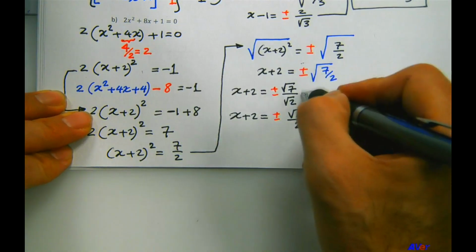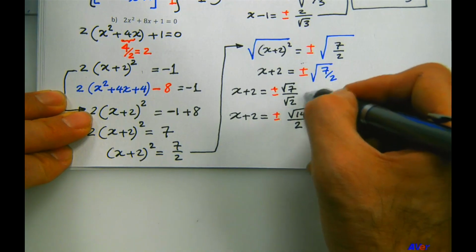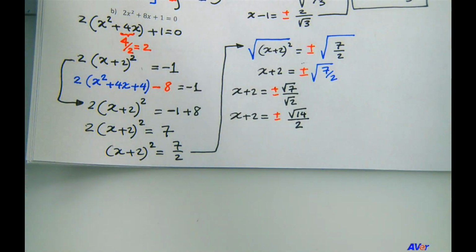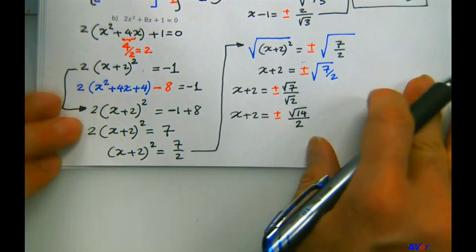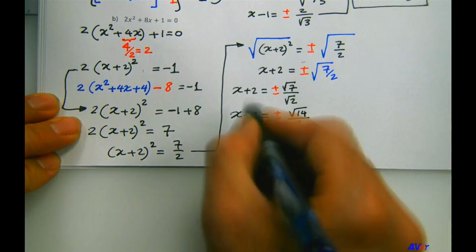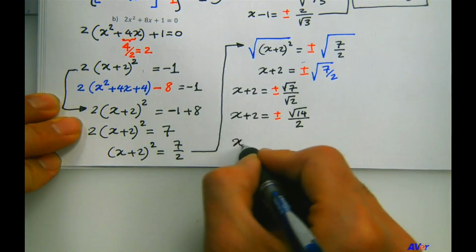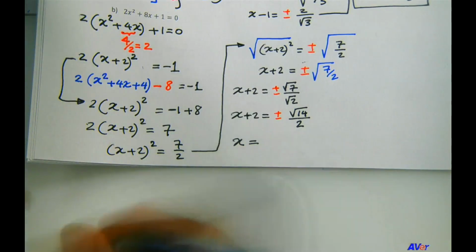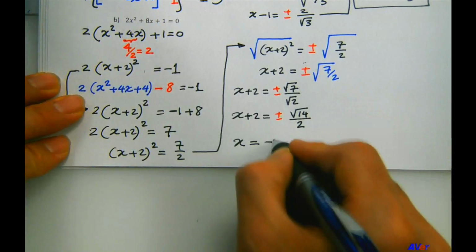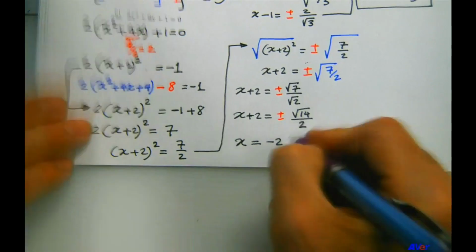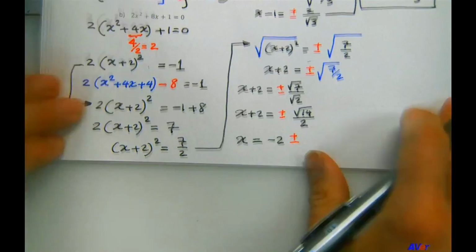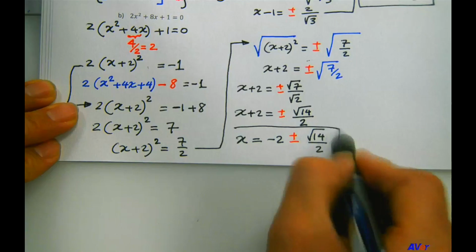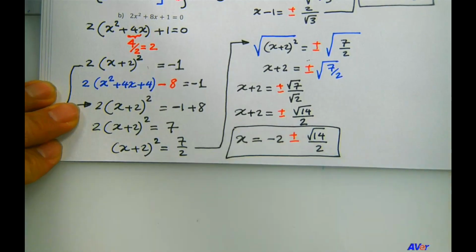After multiplying both the numerator and the denominator by square root of 2. We've talked about rationalizing the denominator, right? So now I can just move the positive 2 to the right-hand side. So x equals minus 2. When we move this to the other side, it becomes minus 2 plus or minus square root of 14/2. Like that.